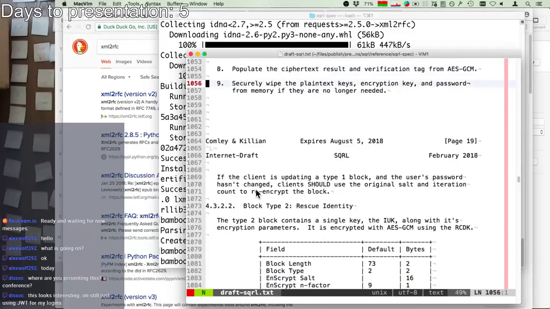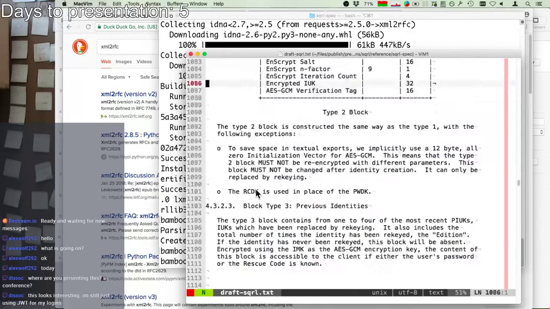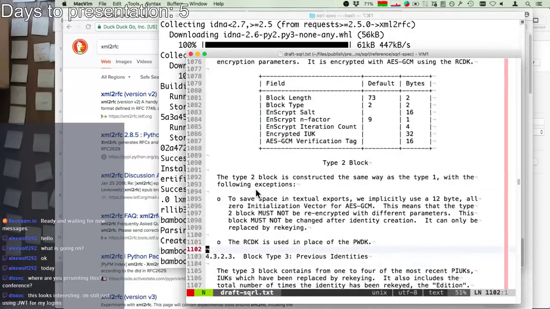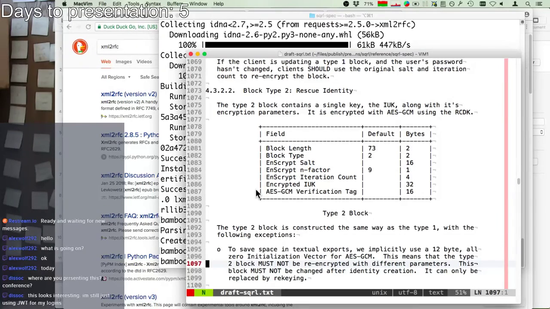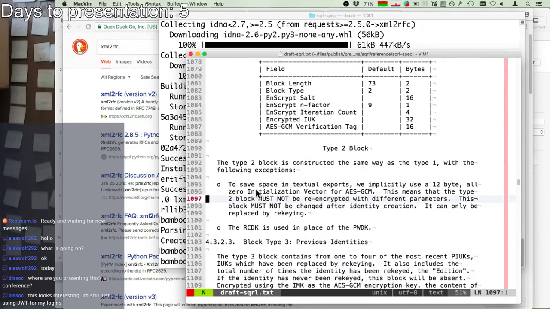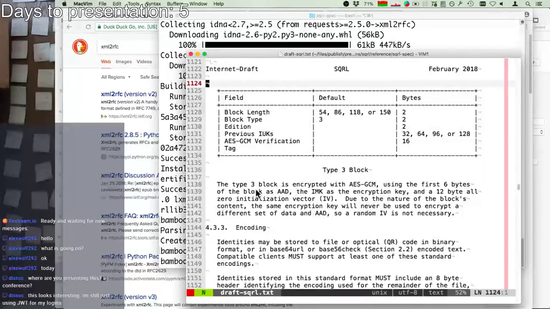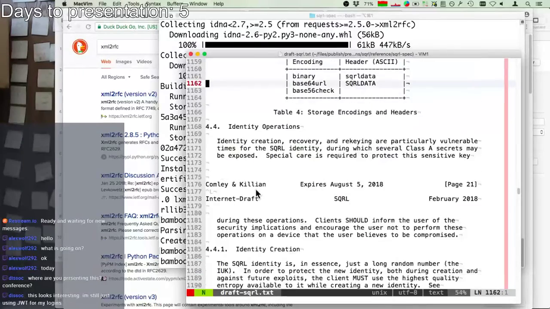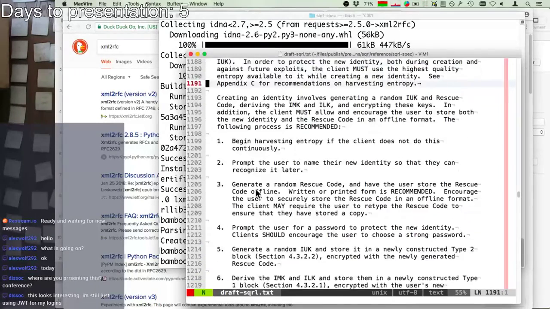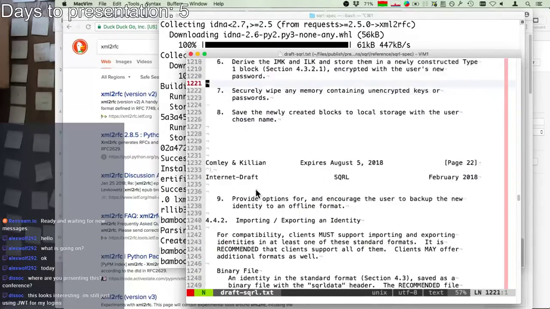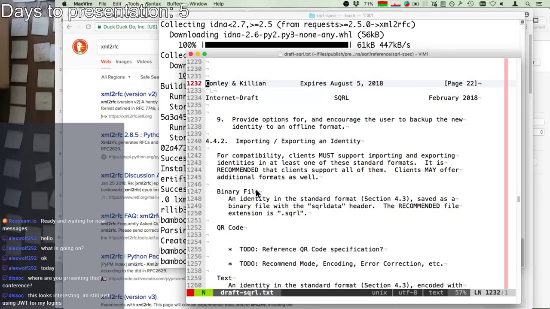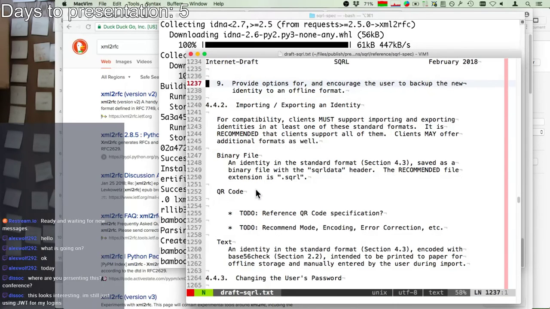This is all client storage stuff. Rescue identity. Yep, okay. The identity unlock key is stored, but it's encrypted with the rescue key. So you do want to make sure you have both.